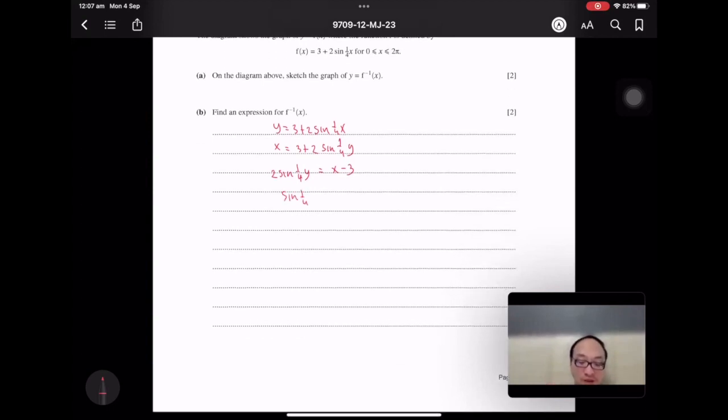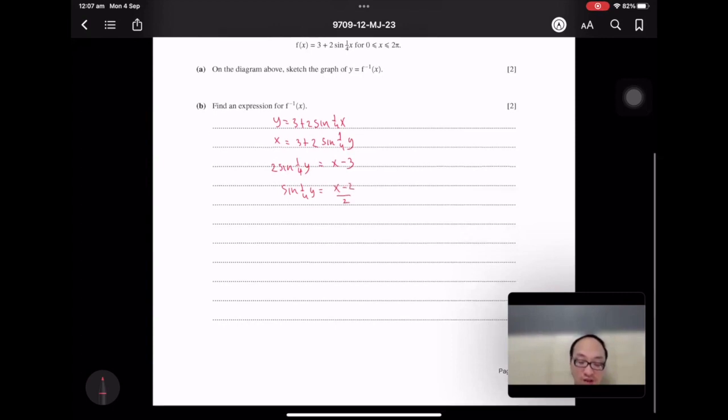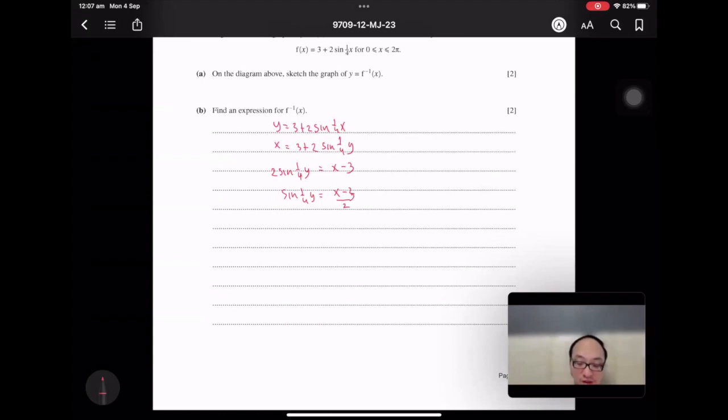Sine 1 over 4y is x minus 3 over 2. So 1 over 4y equals sine inverse of x minus 3 over 2. And y equals 4 sine inverse of x minus 3 over 2.